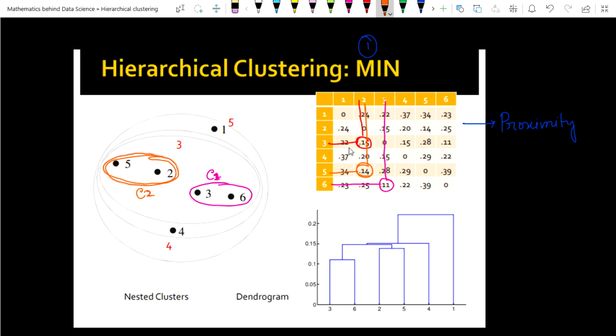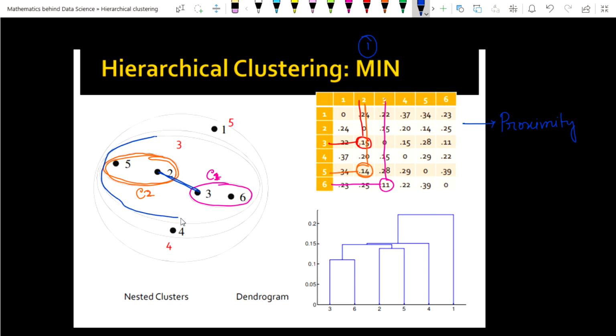3 and 2 is the next smallest one, but 3 and 2 are already merged in cluster 1 and cluster 2. If you consider the mean value among all the data, these are the mean values between these two clusters. Since this is the mean value, instead of keeping them separate, this will be a single cluster.